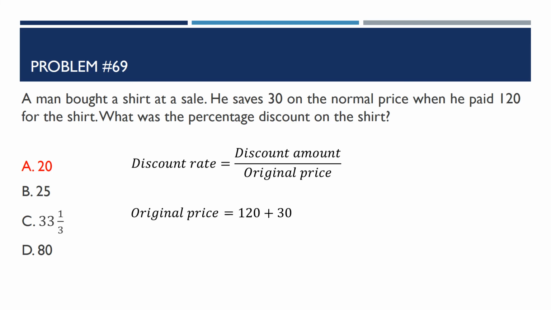So we just need to add that so that we know the original price, which is 150. So we use the formula 30 over 150. That will give us 0.20, or in percent it's 20%.